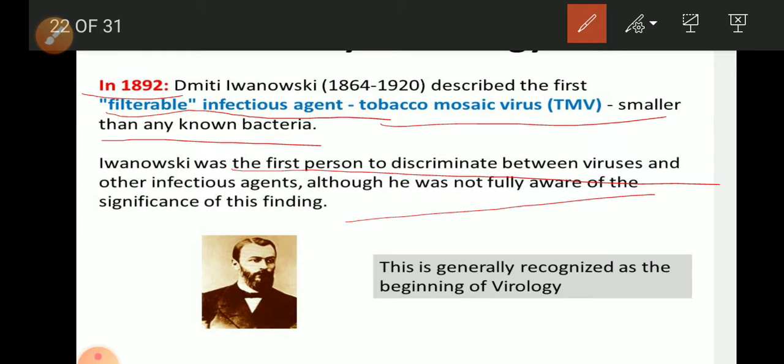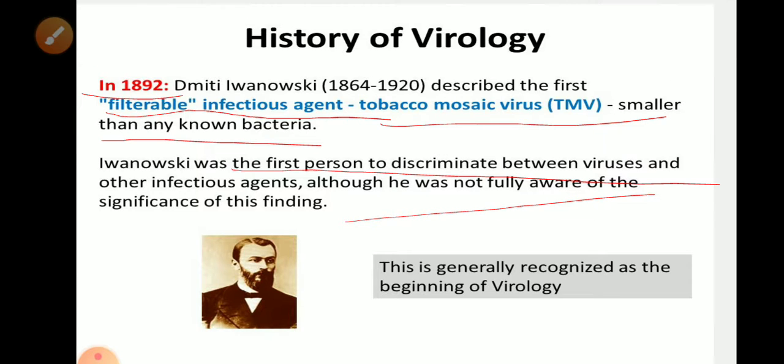Later on, as we discussed, Stanley crystallized this virus and got the Nobel Prize in 1935. So that was all about viruses, their introduction, characteristics, discovery, as well as history.